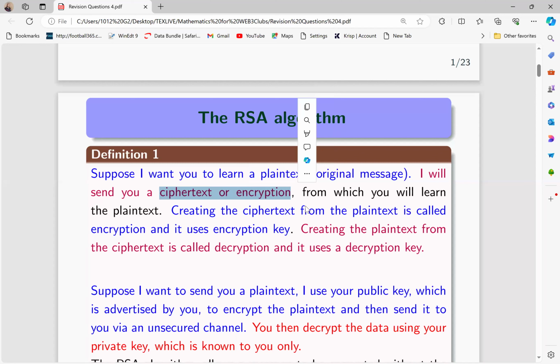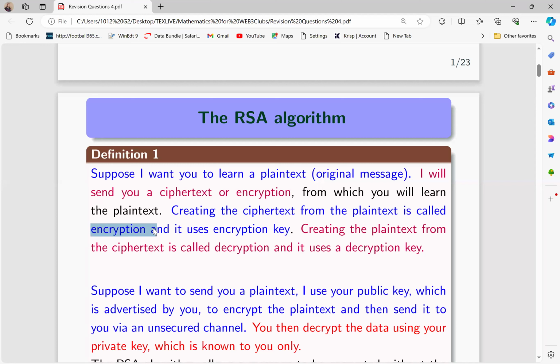Once you get this ciphertext, you can retrieve my original message by a process we call decryption. The process that I used to come up with the ciphertext is what we call encryption.